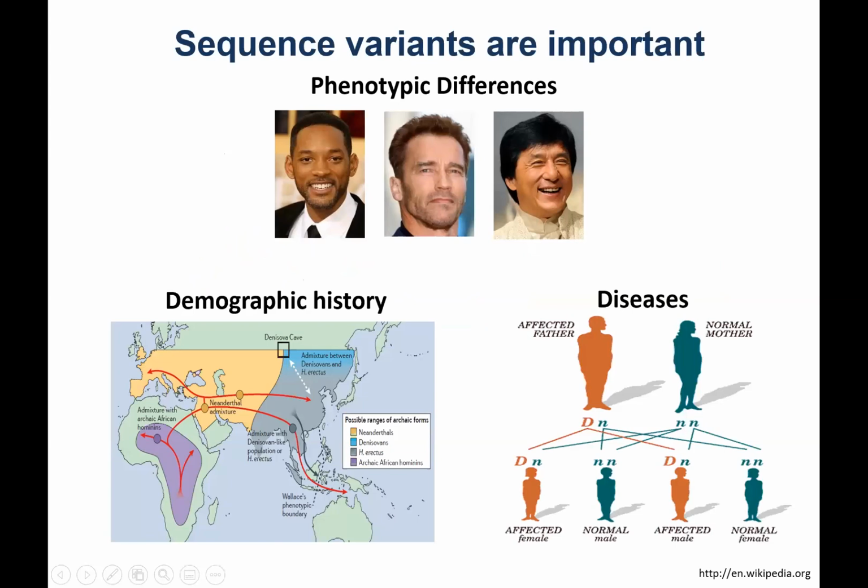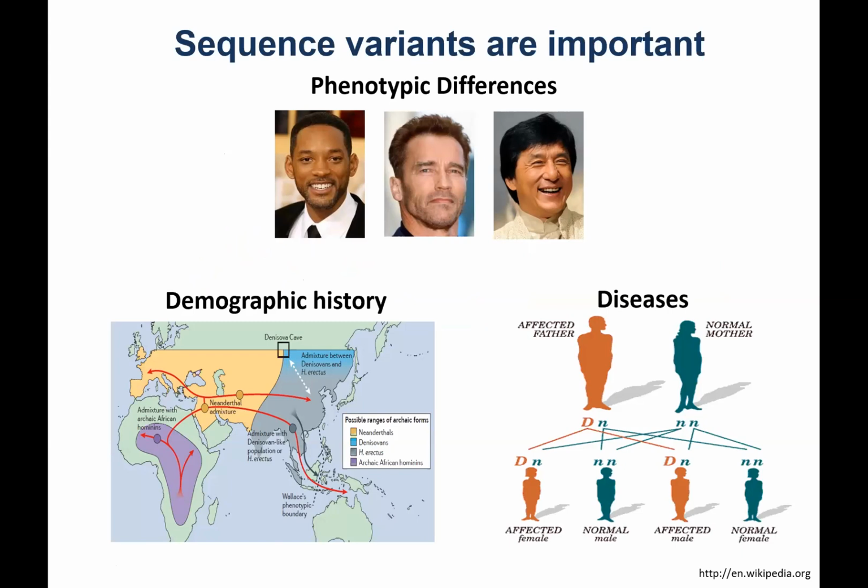Sequence variants are actually very important. When we look at familiar faces, we can know, okay, this is Will Smith, this is Jackie Chan. We know that everyone is different because everyone carries different sequence variants. With sequence variants, we can research many kinds of biology questions.